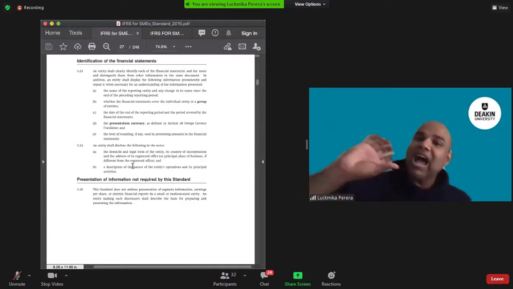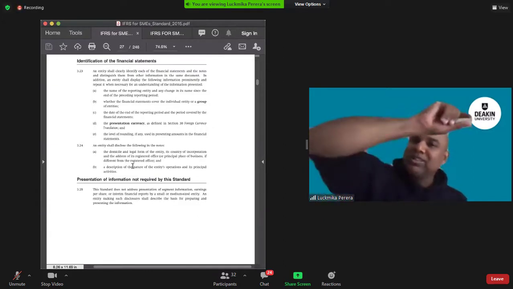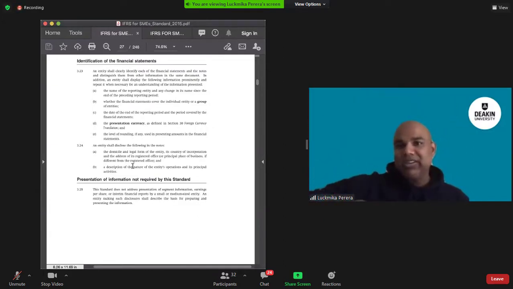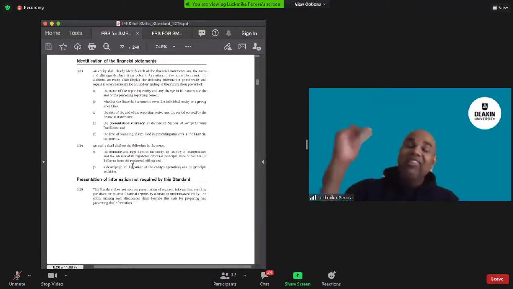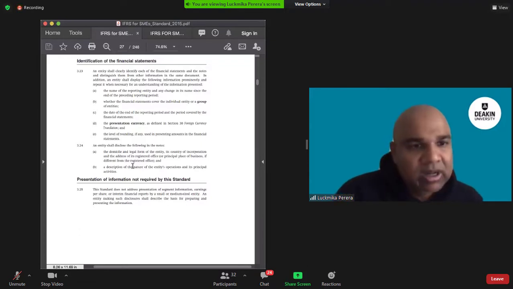They've clearly highlighted, saying this is the balance sheet, this is the income statement, this is the cash flow statement, and this is the change of equity statement. They've clearly labeled it and provided notes saying these are the notes to the financial statements. Very clearly labeled. That is adherence to the IFRS framework.